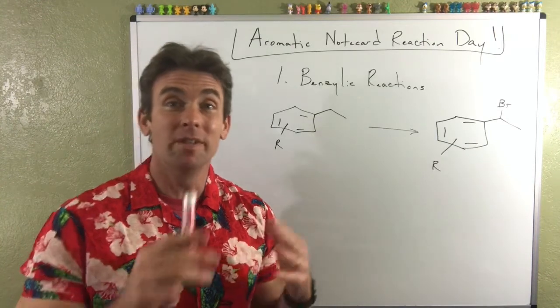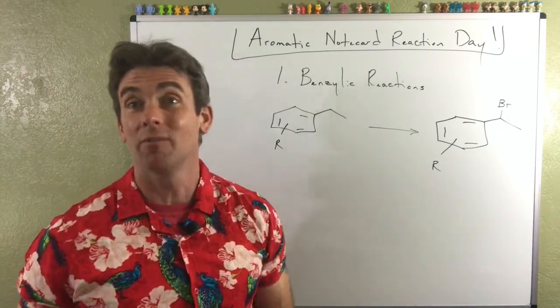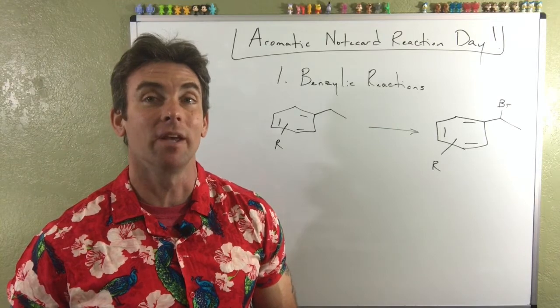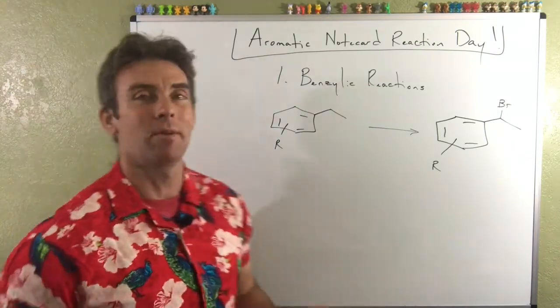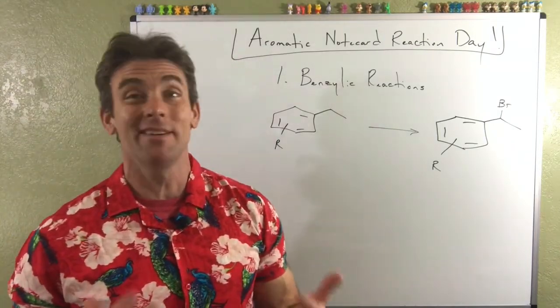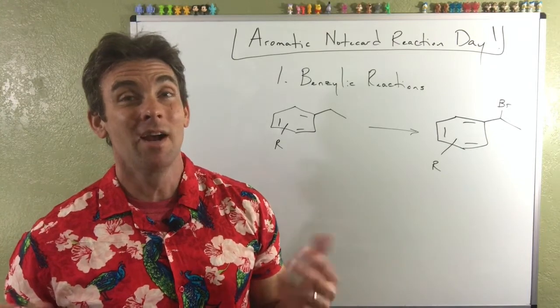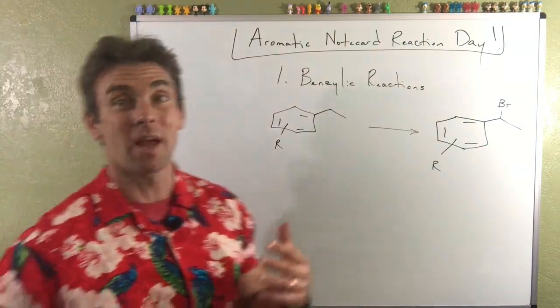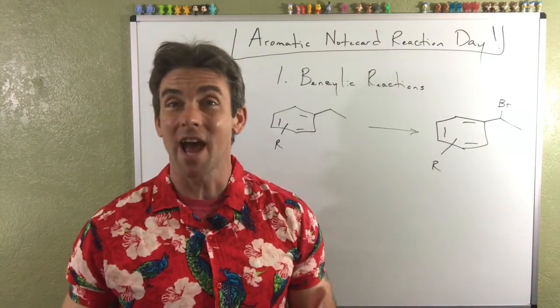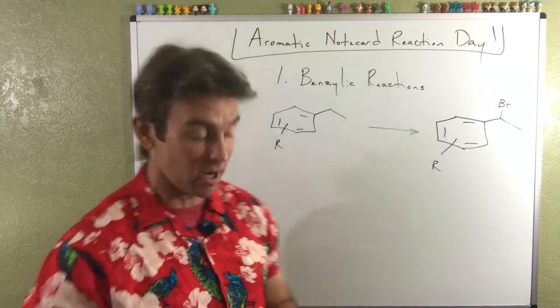In other words, movements of one electron as opposed to the heterolytic ones that we see generally. I'm not going to talk about the mechanism just because it's really the same as what we've seen before in terms of the radical reaction that, say, an alkene would undergo.